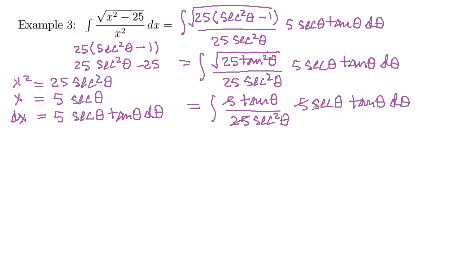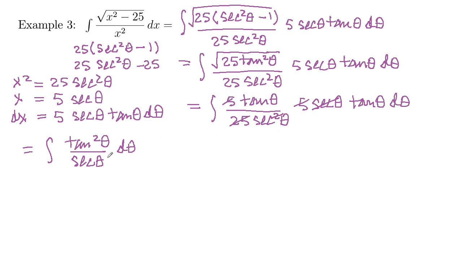We can go ahead and cancel one of those secants. So we are left here then with integral tan squared theta on top over secant theta d theta, right? Two tangents on top, one secant theta is left in the denominator. So we don't have a secant squared, we don't have a secant tangent.